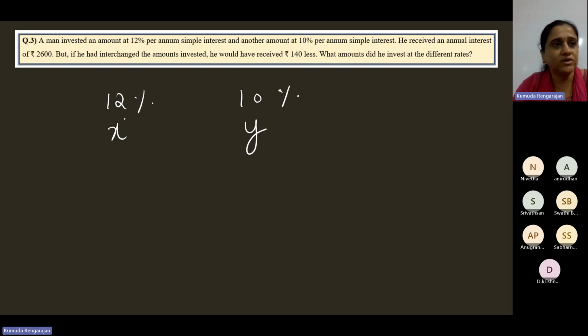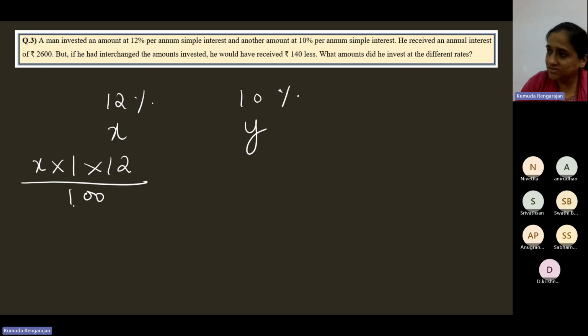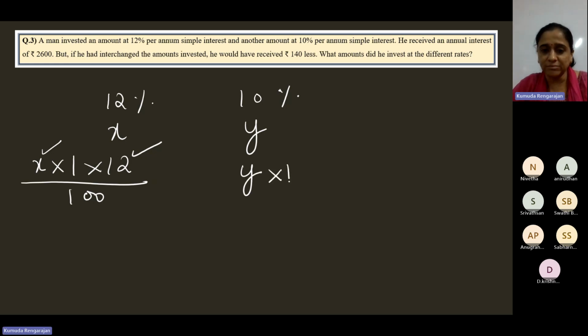So what will be the interest for X rupees? Principal X into time 1 into rate 12 by 100. This is the simple interest for 1 year on rupees X invested at 12%. Again, principal into time into rate by 100.